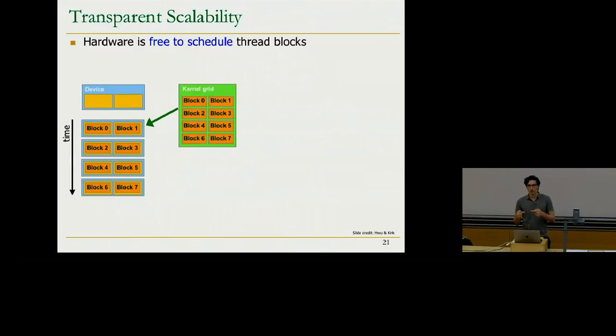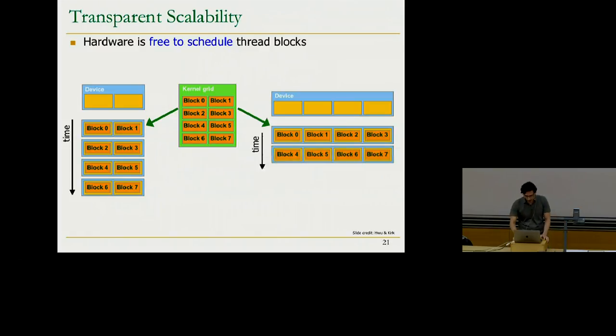I cannot be completely sure that block 2 is going to be executed after block 0 or block 1. There's no guarantee about that. The only way to make sure that block 0 terminated is waiting until all thread blocks terminated. If I have 4 cores, I will schedule something like this. Okay? Any questions so far?